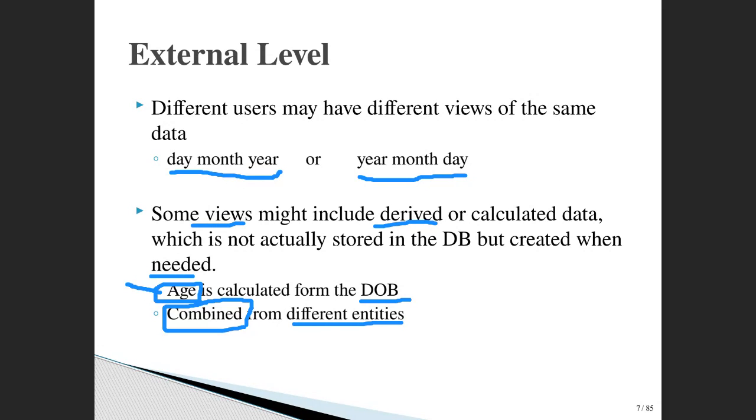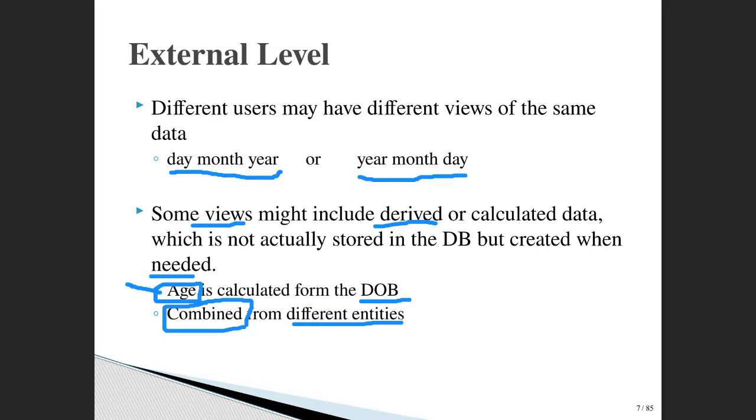The total field does not exist, but it will be created based upon quiz number 2 and quiz number 3. So it will be calculated. This is the meaning of derived views. It's calculated based on other records or other data. Got the point?